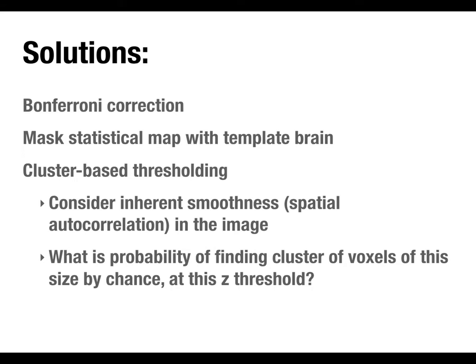And so you can set a threshold, because everything's given there as a probability. So you can say, okay, now we're applying a 0.05 p-value threshold based on the probability of the cluster size rather than the individual voxels. And that's a much more principled way that respects what we understand about how the brain is organized and is objective in terms of applying a p-value rather than just coming up with some arbitrary number.